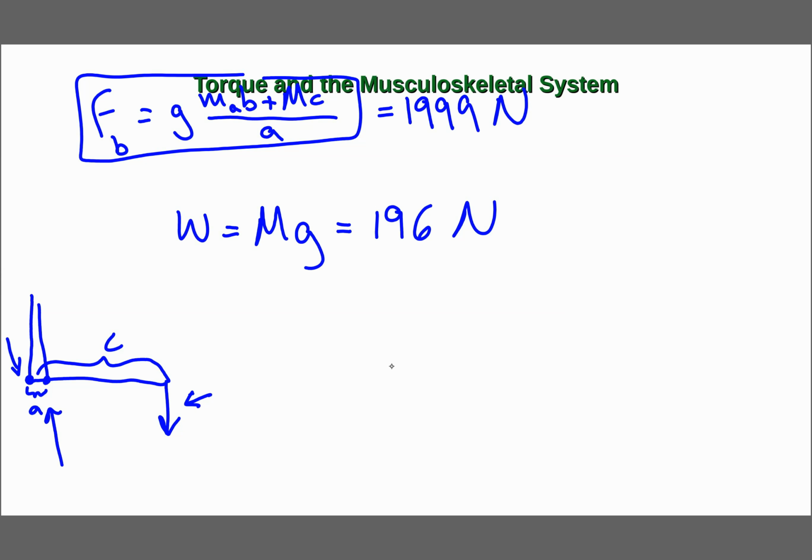So the weight in your hand gets the mechanical advantage here of having this great big distance from the axis of rotation. The bicep, on the other hand, has this little tiny distance from the axis of rotation, so it has to pull really hard, okay? In our example here, about 10 times as hard as the weight of the object, okay?